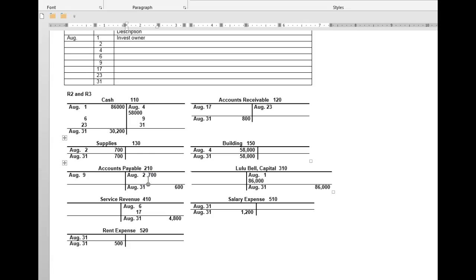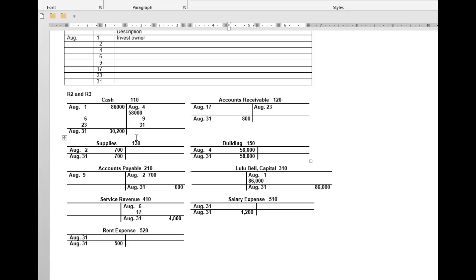And then on August 4th, we spent $58,000 for a building. So you go through the entire process of all of these accounts, placing them in the correct places. You always have to have two entries. One's going to be a debit, one's going to be a credit.